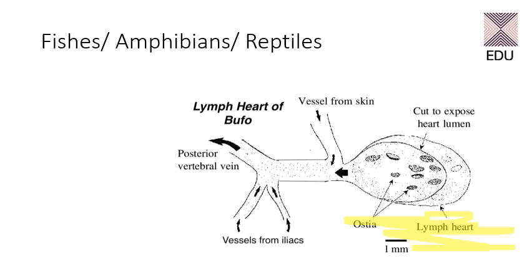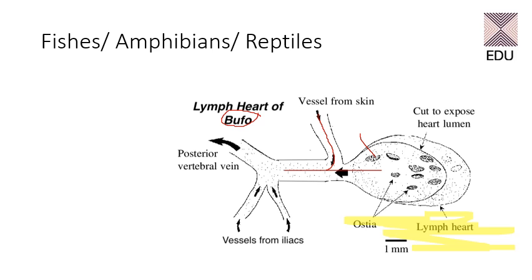So what it is doing is that this lymph heart will take the hemolymph into the ostia. It will enter into the heart from the ostia. Then the hemolymph will be pumped into the vessels. This is the blood which is coming from the skin, because this is the case of bufo, so here we are taking the blood into account.